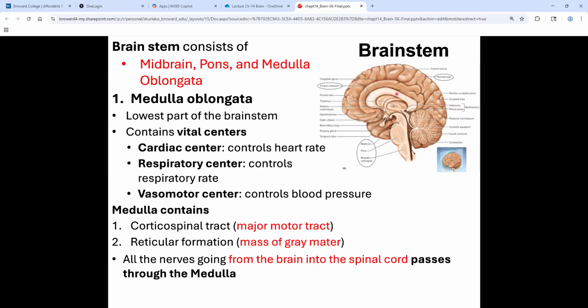And the white matter is on the inside. But there are other areas where there is gray matter, and the reticular formation is one of them. There's another area called the basal nuclei. We'll talk about all those things. So what I want you to know is that even though I told you that the gray matter is on the outside, there are small patches of gray matter distributed in the white matter. Okay.